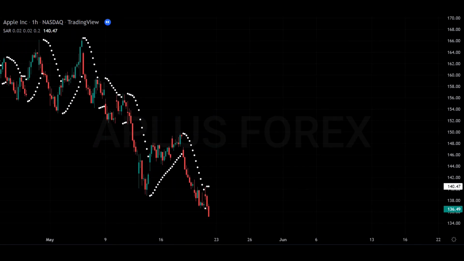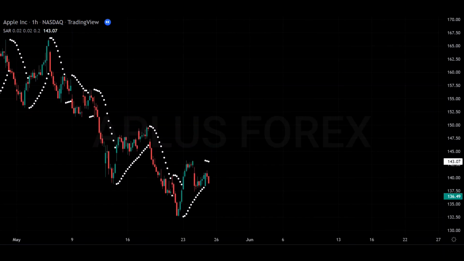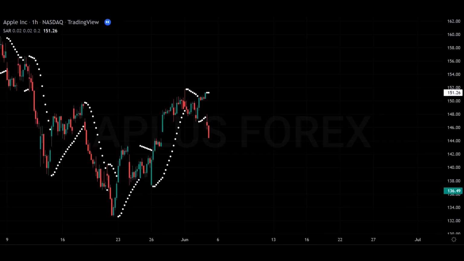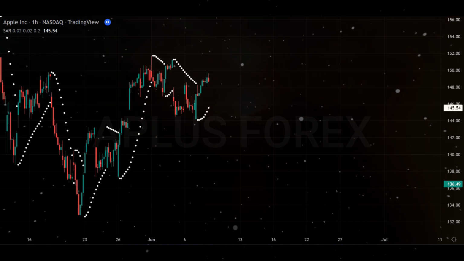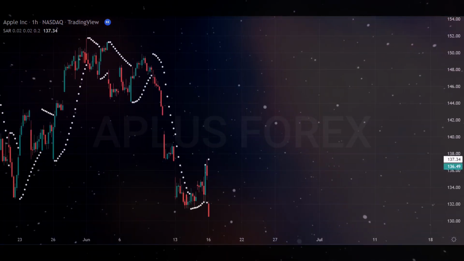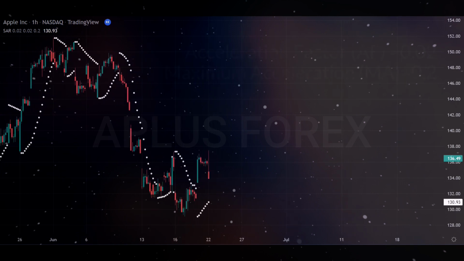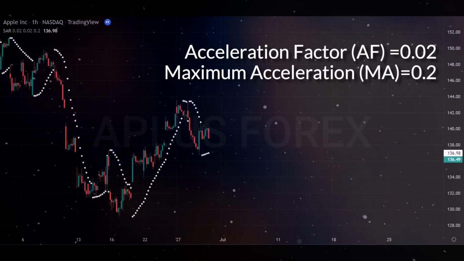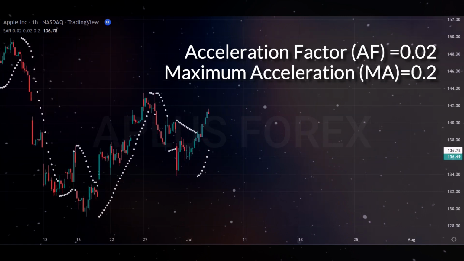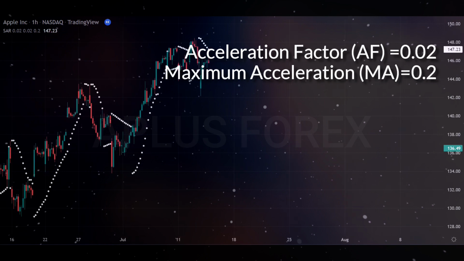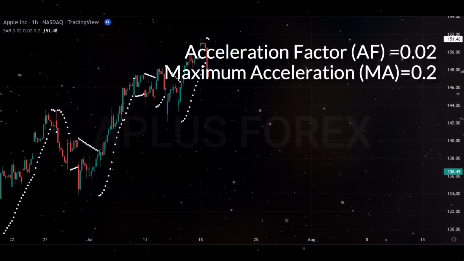To modify the parabolic SAR to suit our trading strategy, first, the SAR indicator has two settings: acceleration factor, also called AF, and maximum acceleration, also called MA. These are set to 0.02 and 0.2 by default. By increasing the acceleration factor, the indicator will track the price more closely, leaving less space between the indicator and the price.